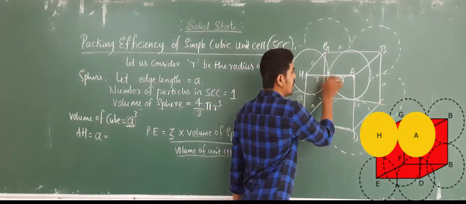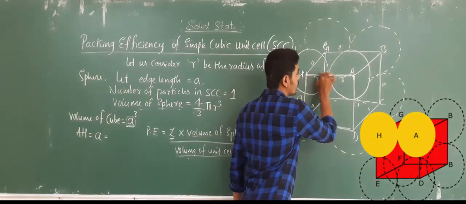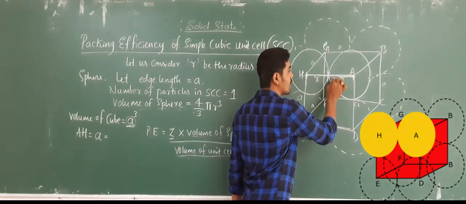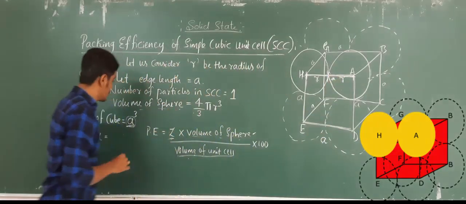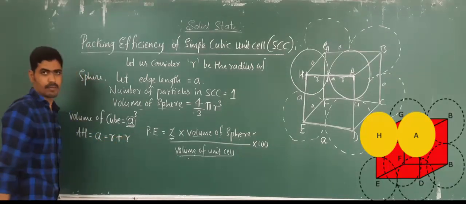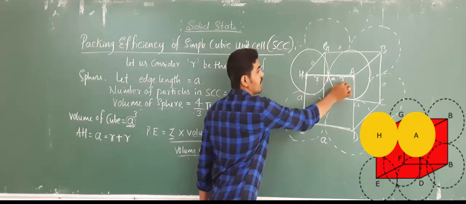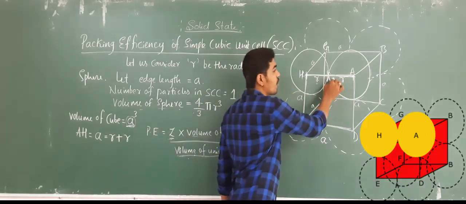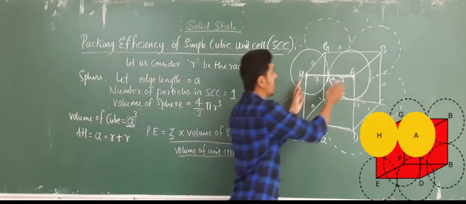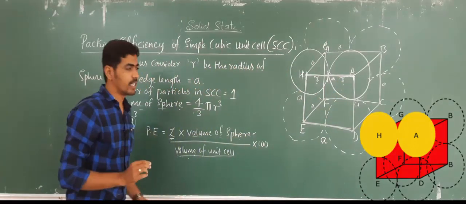So the sum of these two gives the length which is equal to AH, and that AH is nothing but A. Hence, instead of writing A, I will write it as R plus R. Understood? Clear? When you take the radius of both these particles, it will give the edge length of the unit cell.